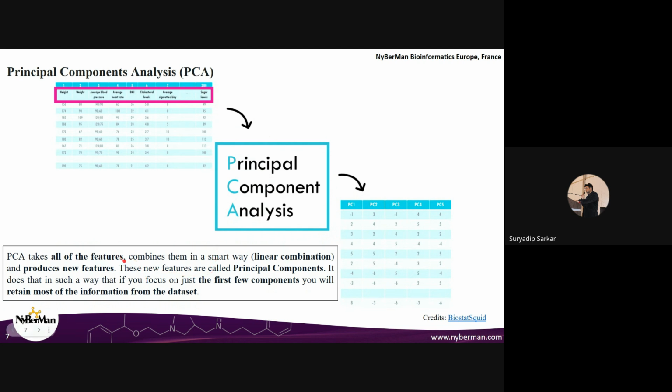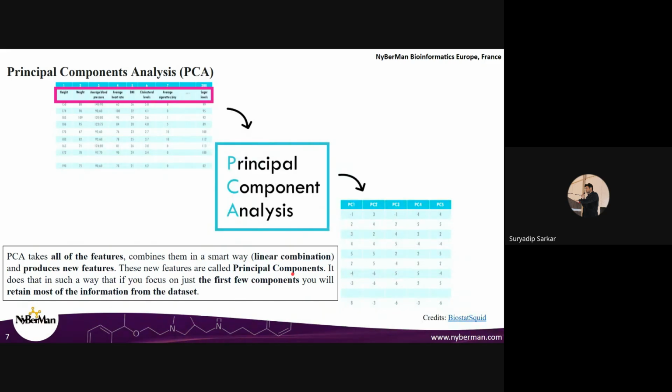So what PCA is going to do is take all of these features and combine them in a very clever way. It will do a linear combination and produce new features like these, which are known as PC1, PC2, PC3, PC4, PC5, etc. These new features are known as principal components.